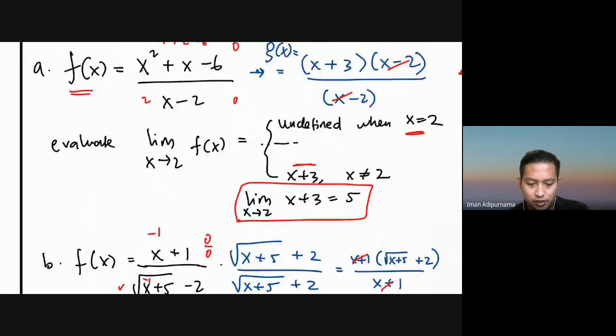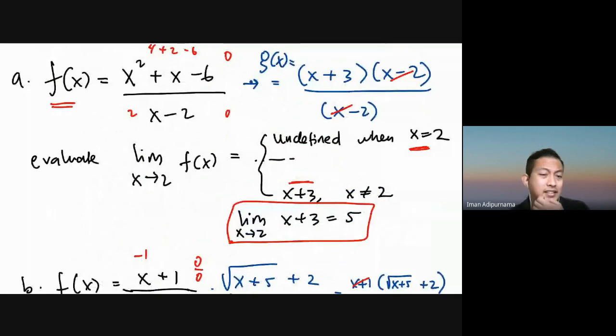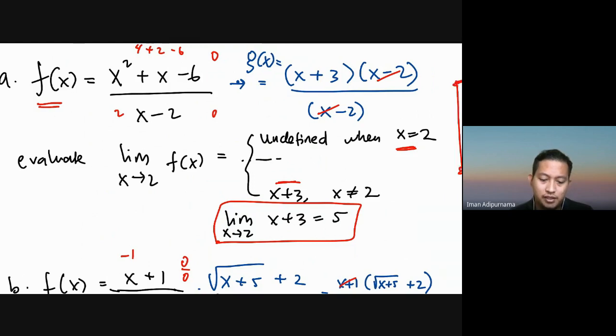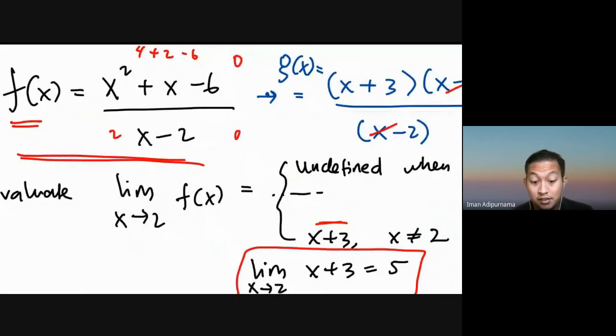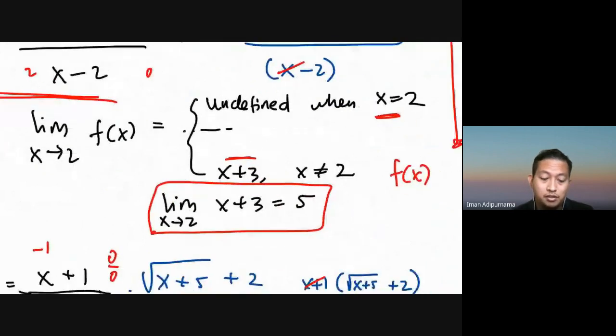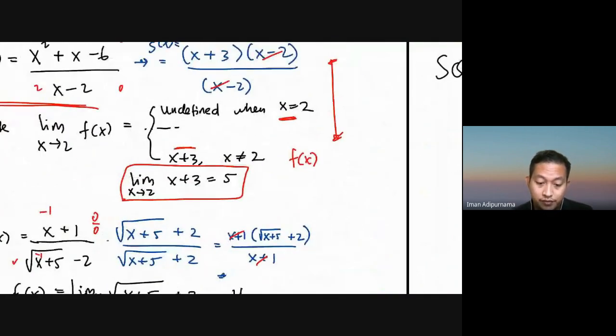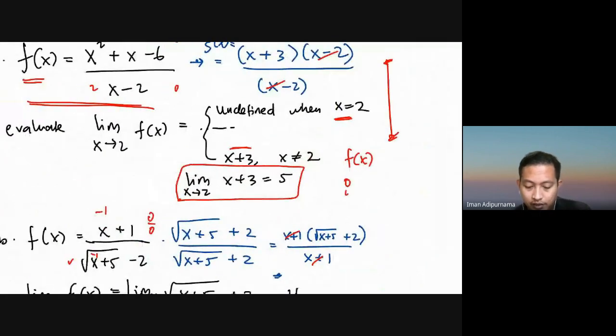For example, here I'm giving the name. It's just a name for the functions, because if you don't give it a name, you will say, let's say this one is f(x), right? f(x) equals x squared plus x minus 6 divided by x minus 2 is the function f. And I have g(x) equals x plus 3.